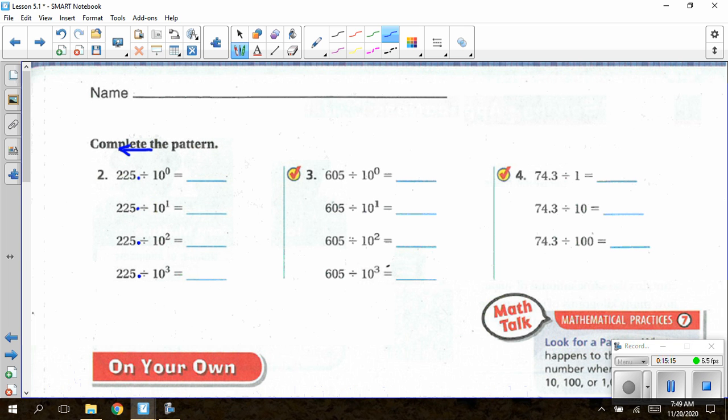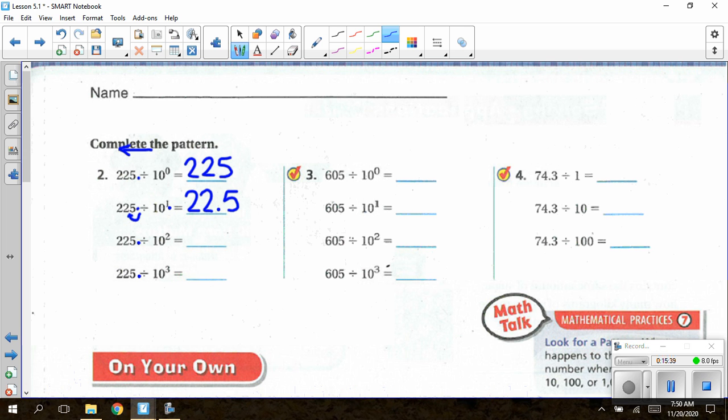Now obviously for 225 divided by 10 to the 0 power, that stays at 225, so you don't have to swoop anything. Now divided by 10 to the first power, that exponent of 1 tells me 1 swoop, and I'm going to the left from the end of my whole number, so I'm left with 22 and 5/10.